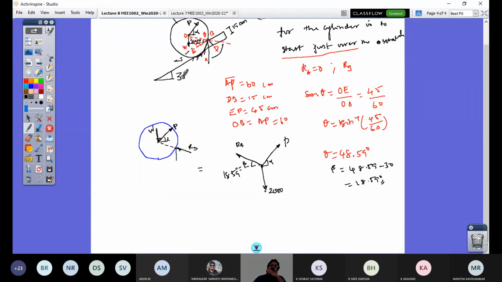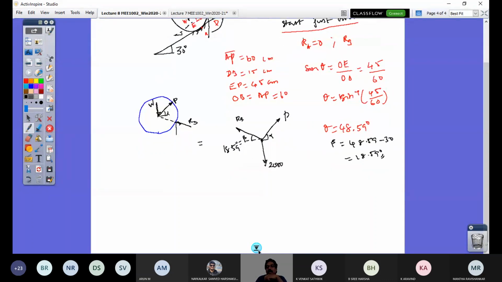But now our slope is 30 degrees. So when the slope is 30 degrees, from point B, if I draw a line parallel to the horizontal line, what will happen? Then this inclination would be theta minus that angle. So that is what you see here. So that is this angle. So now I have RB to horizontal. So I can now apply Lami's theorem conveniently and solve.